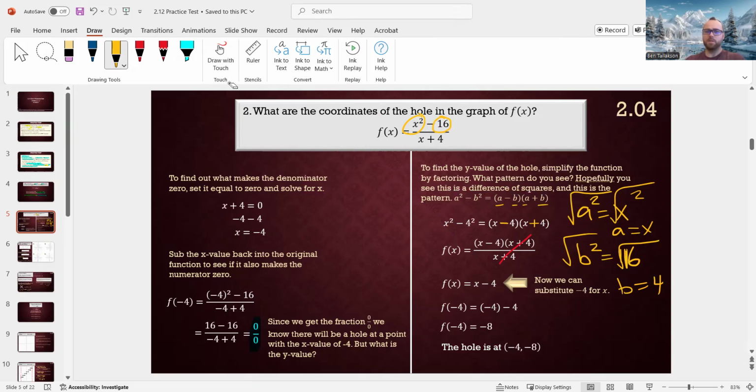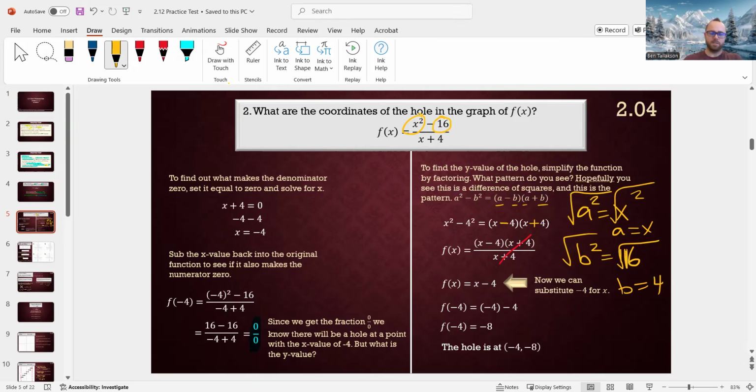Great. Numerator is factored. And lucky for us, that cancels out because that is also the factor in the denominator. Beautiful. So now we have this cute little function. We like cute little functions, don't we? Because they make our lives easier.